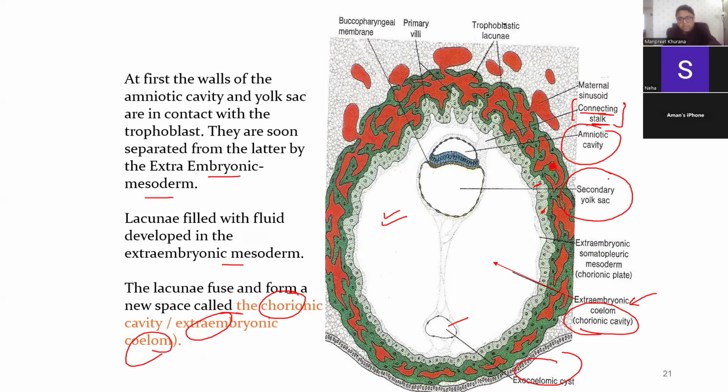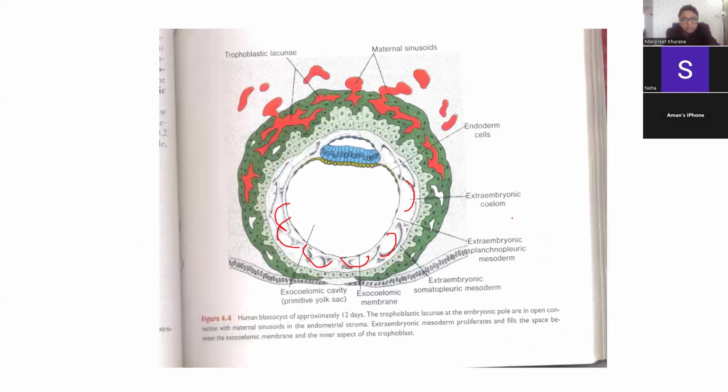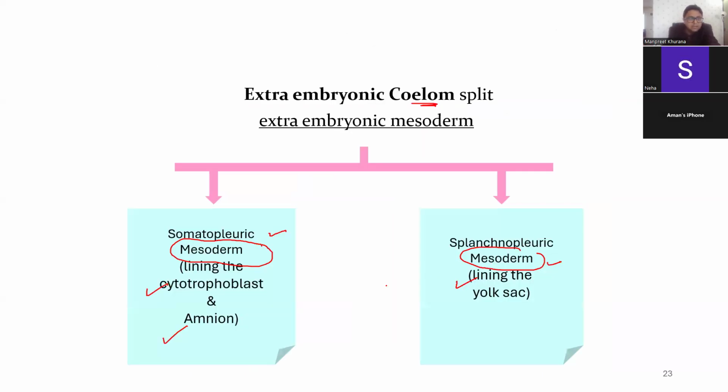So here, if you see, this is the splanchnopleuric mesoderm and somatopleuric mesoderm. Here we have the somatopleuric and here we have the splanchnopleuric mesoderm. Now, the somatopleuric is the cytotrophoblast and amnion.